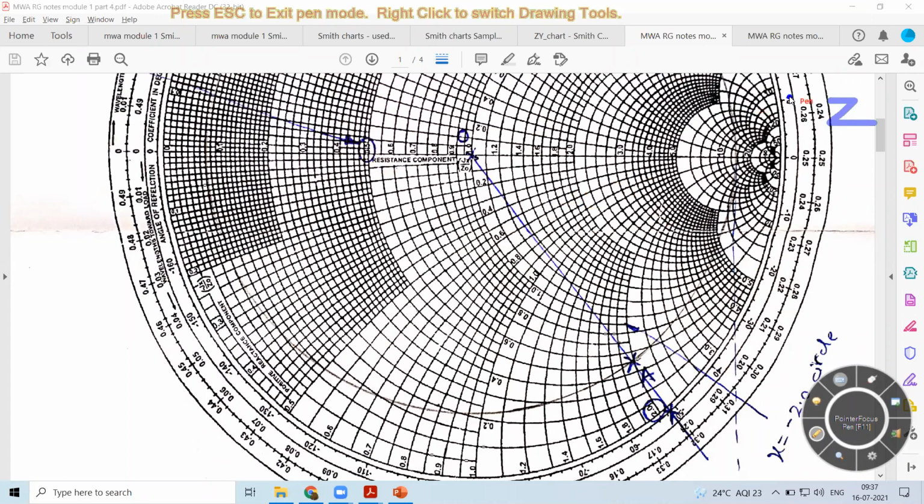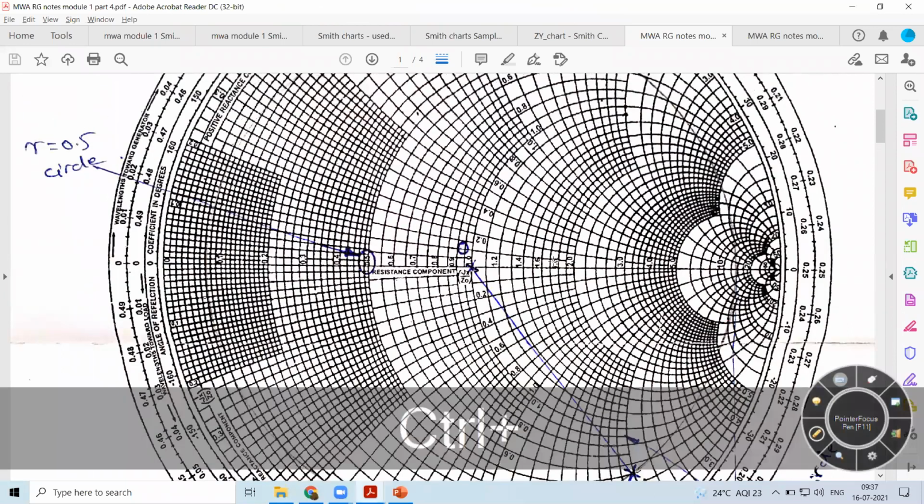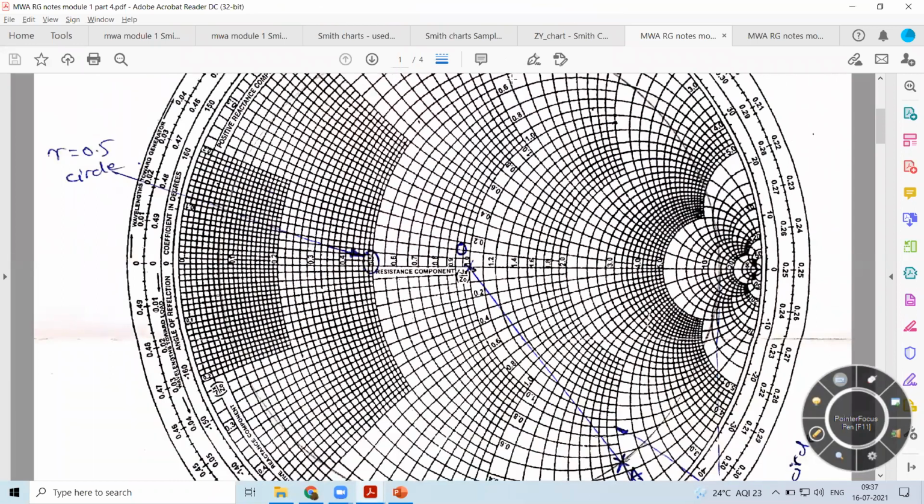Now in this case, we need to identify where the resistive circle associated with 0.5 is. If you just look over here, this circle which is there is nothing but the resistive circle associated with R equal to 0.5.